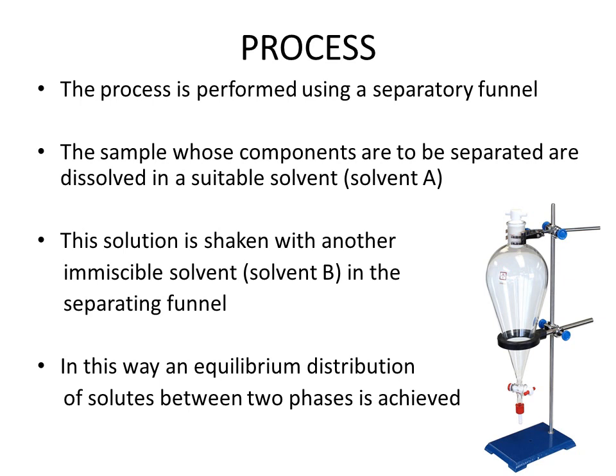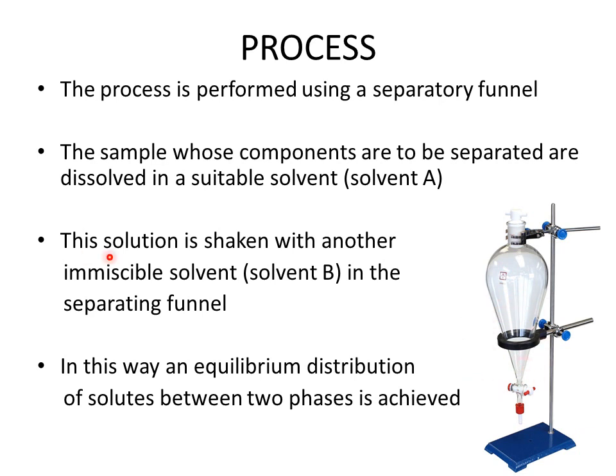So first of all, we will make its solution in some suitable solvent, and that first solvent will be represented here as solvent A. So now we have the solution of our sample. This solution will be put into this separatory funnel, which is closed below.